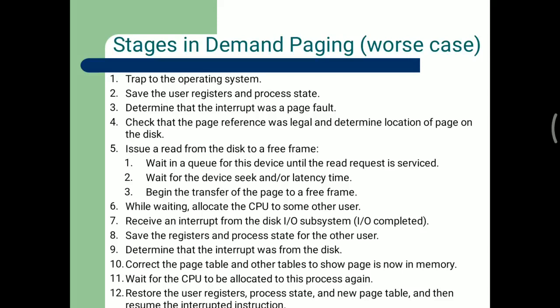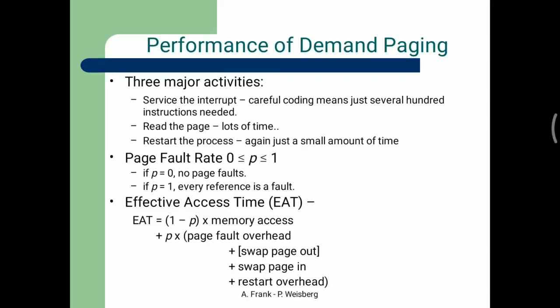Next, the performance of demand paging. There are three major activities in demand paging. First, service the interrupt, which with careful coding needs just several hundred instructions. The next one is read the page, which takes lots of time. Then restart the process, which takes just a small time. And the page fault rate: it is between 0 and 1.